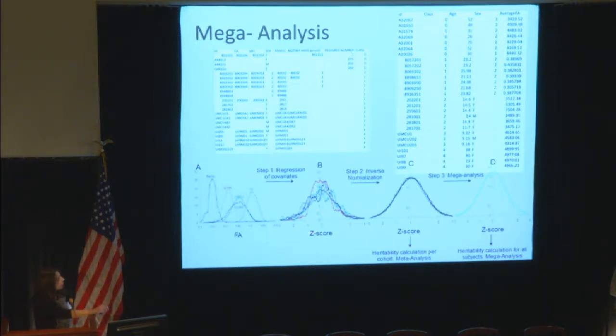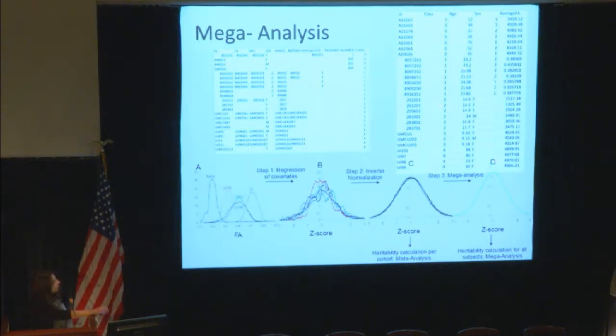So if one group codes sex as a 1 or 2 for males and females, and the other one puts an F or an M, then they can all be combined in one pedigree file, and SOLAR can distinguish between them, as long as you have the classes correctly inputted.